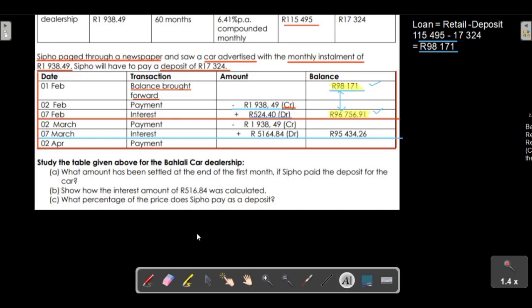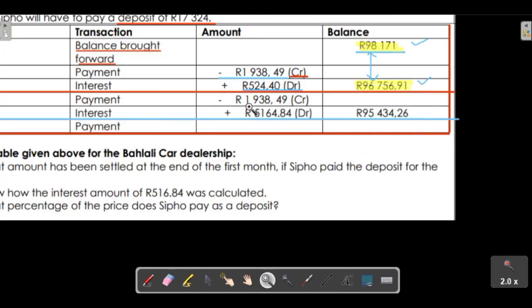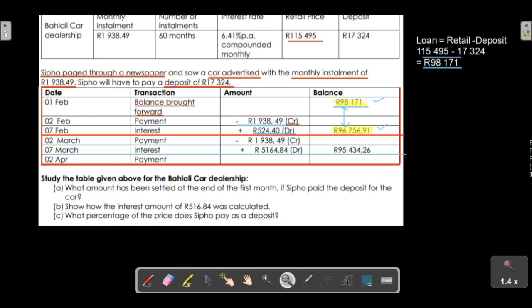We cannot say that he paid 1,938.49. Yes, that was money that was put into that, but that is not the amount that he has settled. Remember, we included interest there.